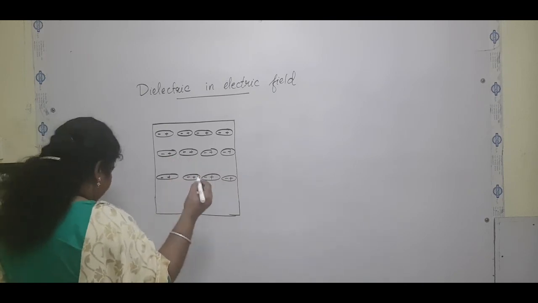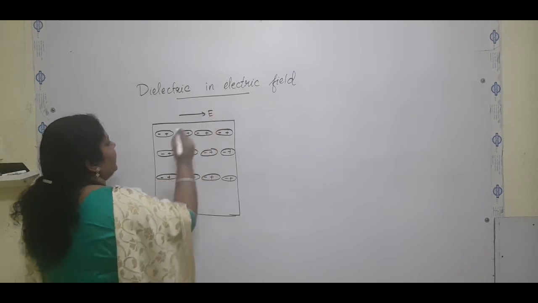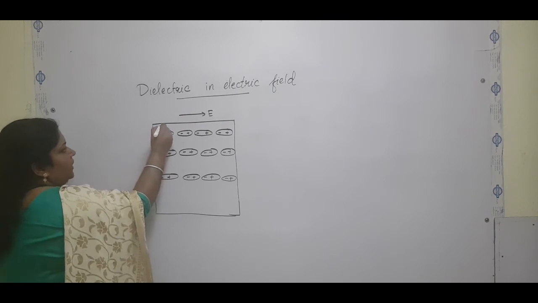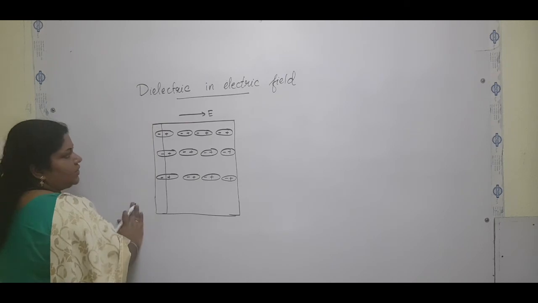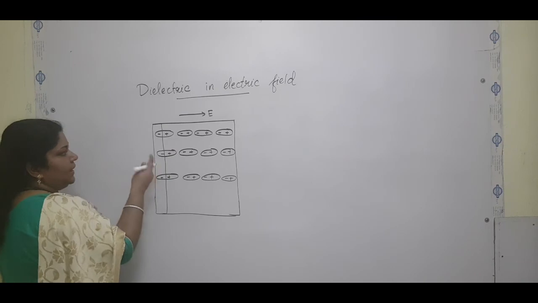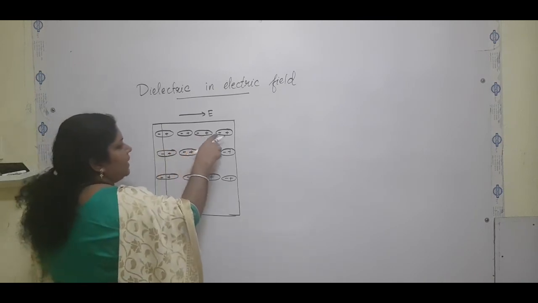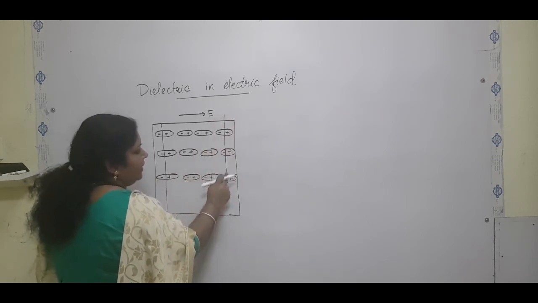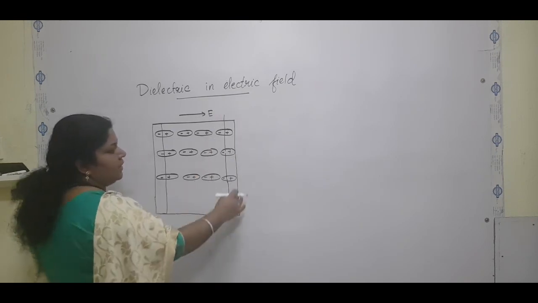So this is the case when we have applied an electric field in this direction. You can see that at this end, all the charges are negative. This side is fully negatively charged. Now this plus and this minus will neutralize each other. Again here plus and minus will neutralize, and plus and minus will neutralize. At the other end, all the positive charges will be on one side.